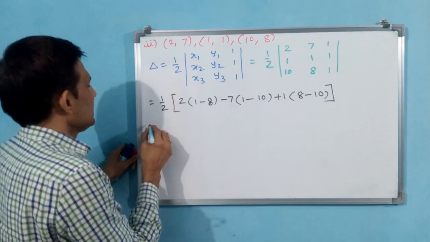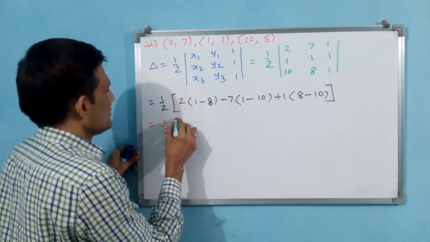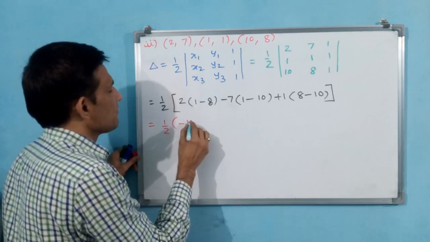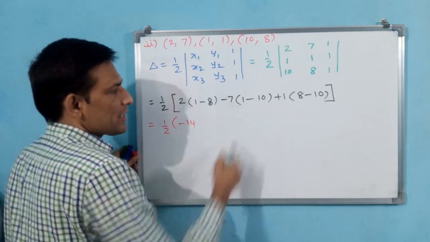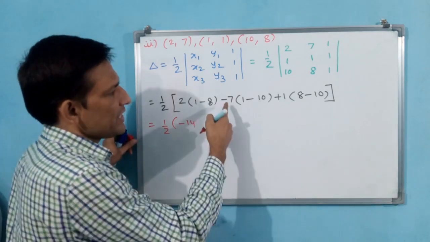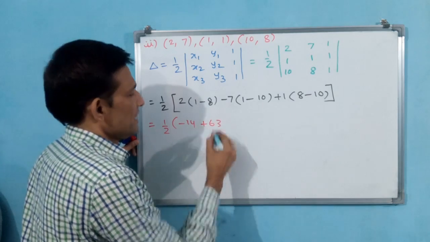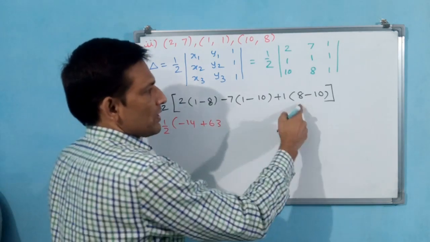Now find the values. Then 1 minus 8 is minus 7. Minus 7 into 2, minus 14. 1 minus 10 is minus 9. Minus 9 into 7, minus 7 plus 63. 9 into 7, 63. Okay. Minus 2.